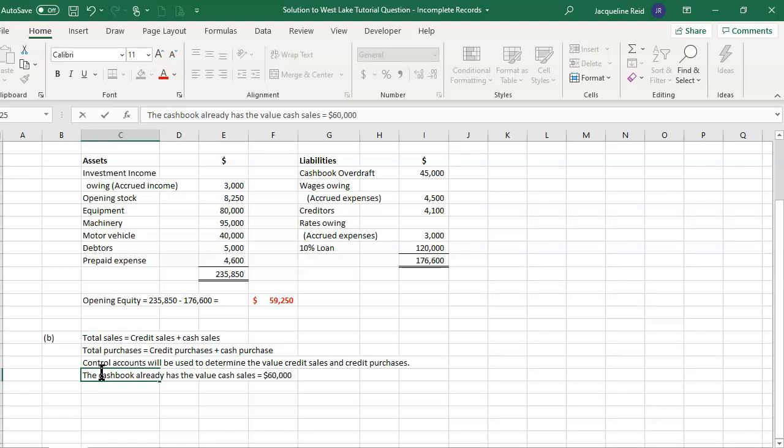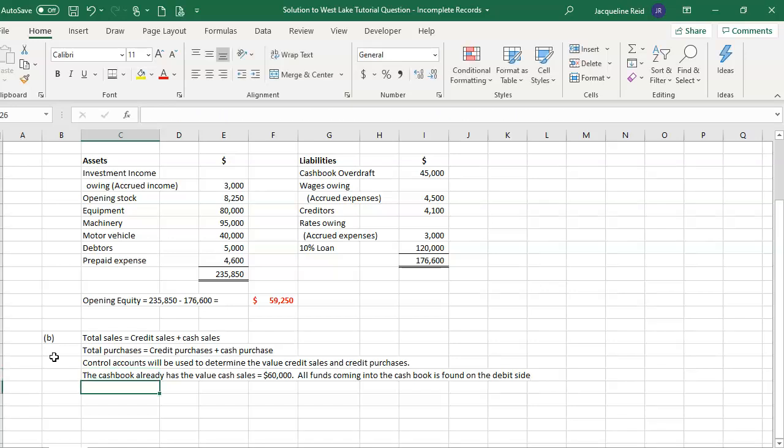And notice the cash sales is recorded in the cash book on the debit side. Remember now, all monies coming into the cash book is on the debit side. So the debit side of your cash book will usually give you your cash sales.